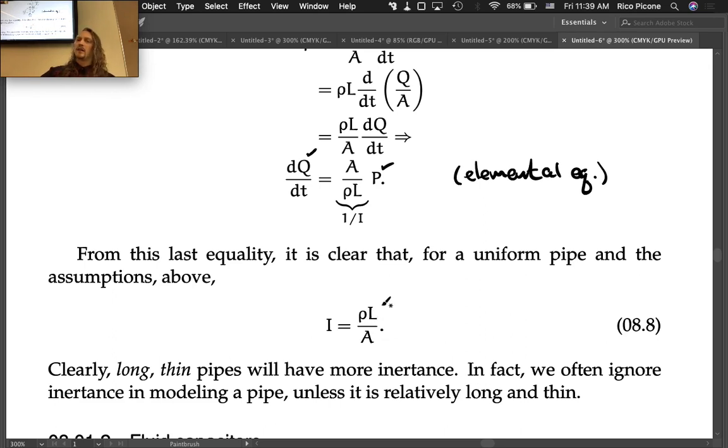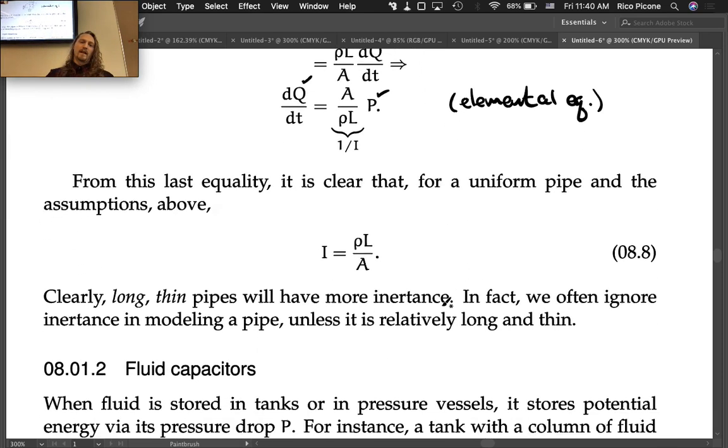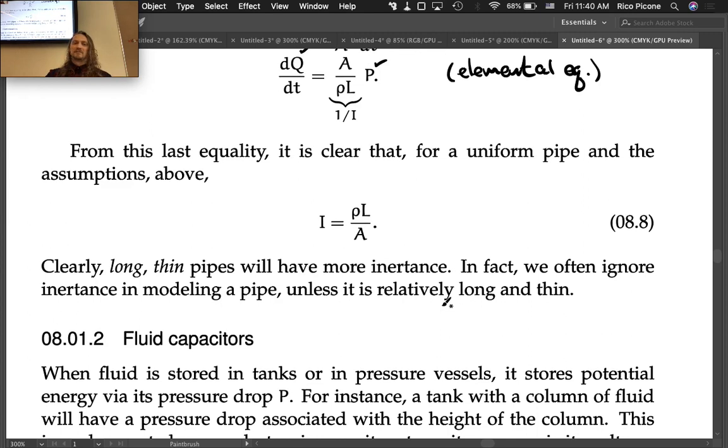If the pipe gets longer and the cross-sectional area goes up, it doesn't change the inertance. But if it gets longer and the cross-sectional area stays the same, the inertance goes up and becomes more and more important. If the cross-sectional area increases but the length stays the same, meaning you make your pipe fatter and fatter, then you don't need to worry about inertance as much. So it's the long, thin pipes that have the most inertance, which a lot of pipes are, relatively long and thin.